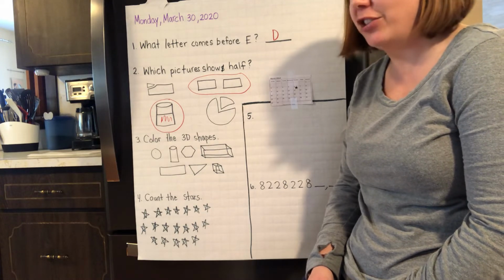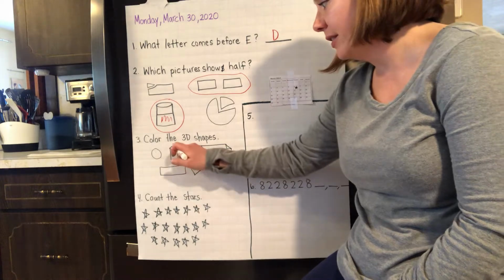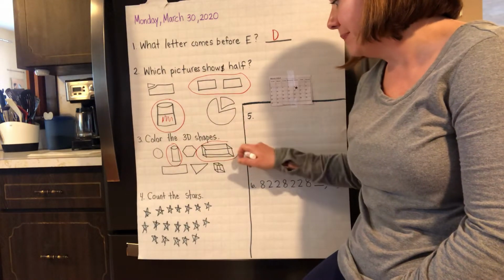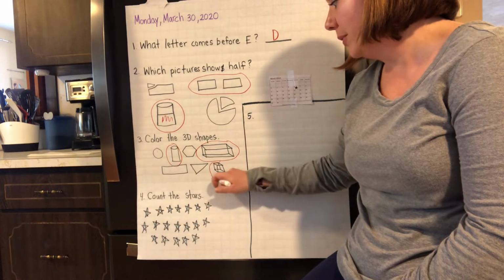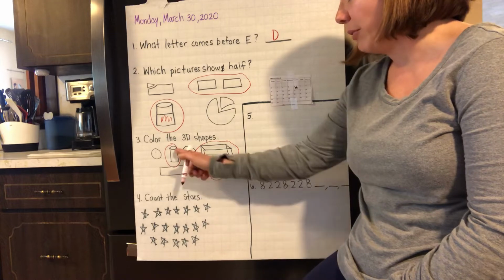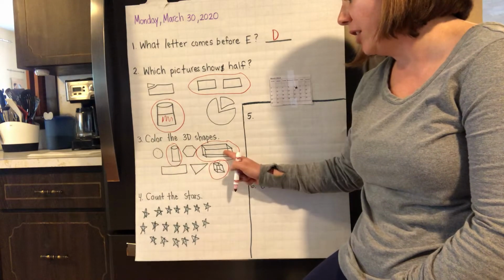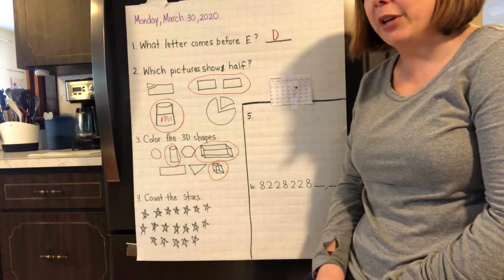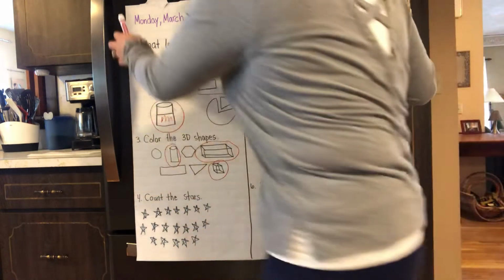I can see a couple fat shapes right here. I see a cylinder. I see a big rectangular prism and a cube. These are the 3D shapes. Cylinder, rectangular prism, and cube. I'm going to move my paper up a little bit.